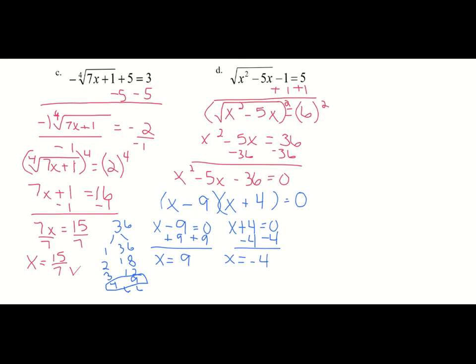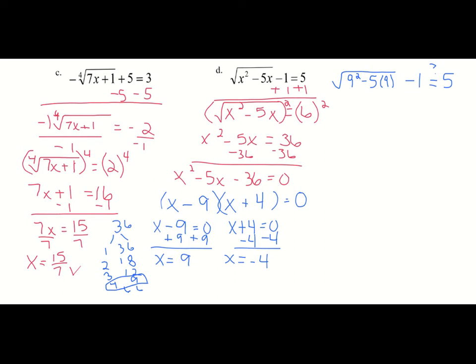And then we do want to check these to make sure they work. So I'll start off with the first one. I'll do the square root of 9 squared minus 5 times 9, minus 1, and we're going to see if it equals 5.